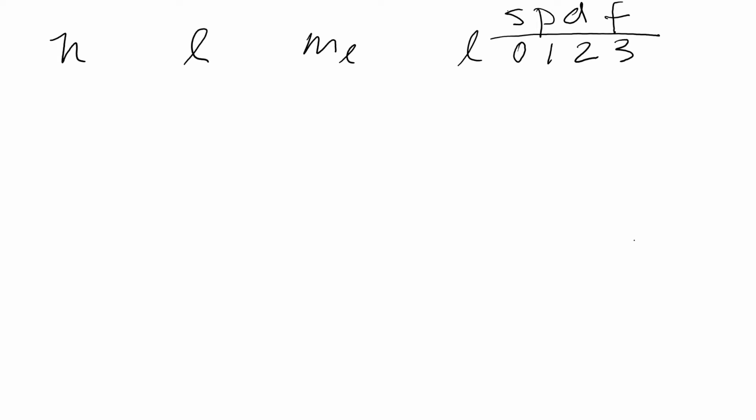So if l equals 0, we're in an S subshell, l equals 1, we're in a P, and so forth.